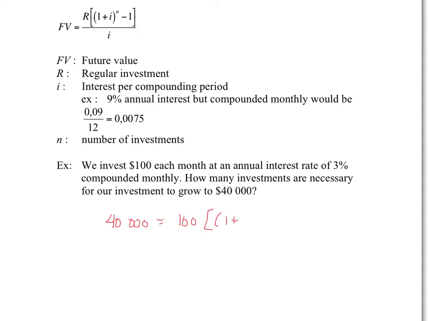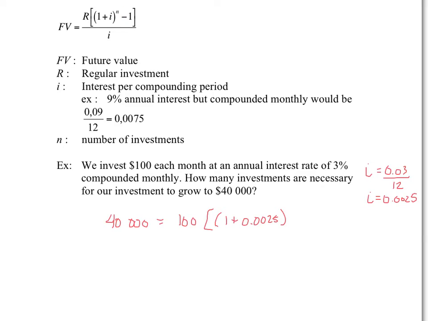But it's compounded monthly. So our I, I'll just write it off to the side here, would be 0.03 divided by 12. And what you get from that is 0.0025. So it's 1 plus 0.0025 to the power of n.